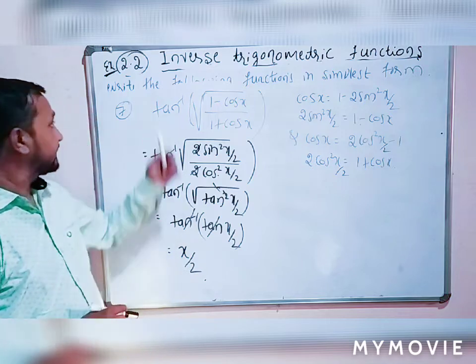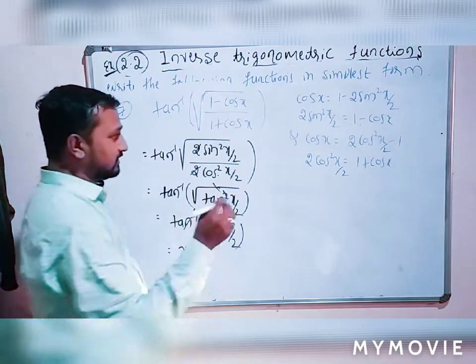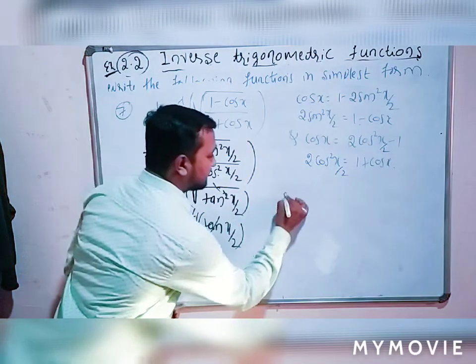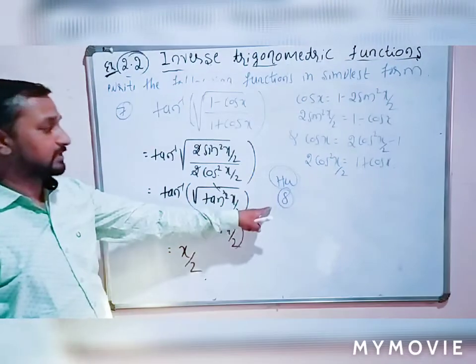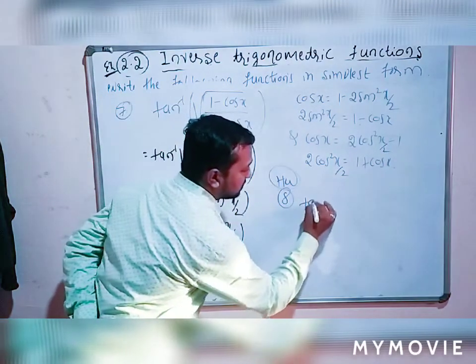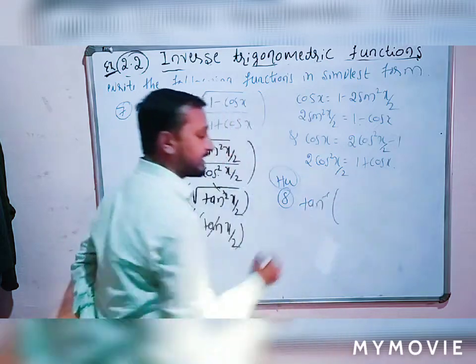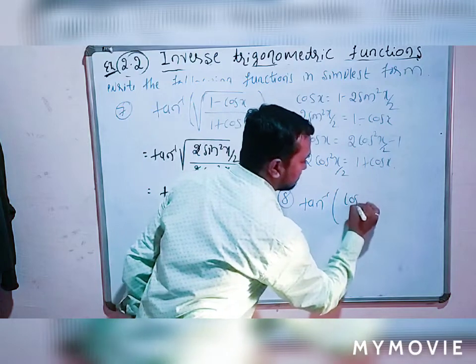Is it clear? This is a very easy example, students. And again one example, I will say 8th example. Try yourself. Just try. Otherwise, in the next class I will solve. What is that? Tan inverse of cos x minus sin x divided by cos x plus sin x.